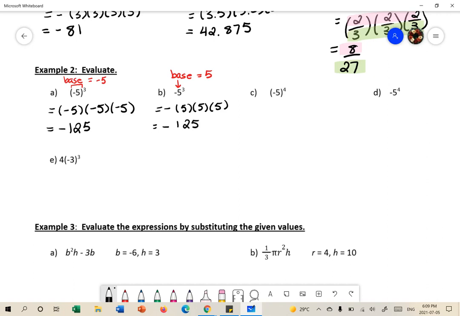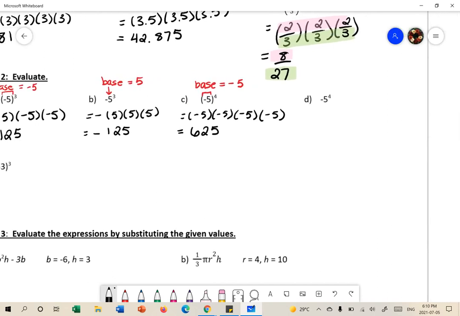Next, -5 to the power of 4. Okay, so the entire base here is -5. So this is equal to -5 times -5 times -5 times -5, which is equal to 625.